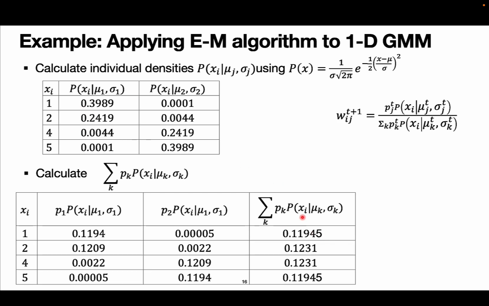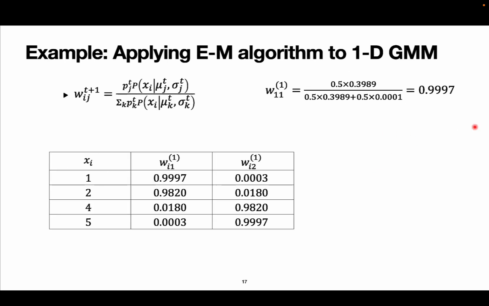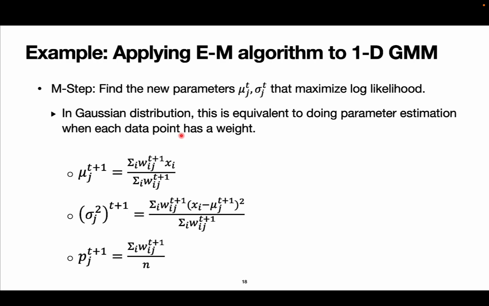Next, as you can see here, I summed across clusters, so I got the denom value, then put the formula together and got the soft clustering for those initial values. And at this point, we are done with the E step.